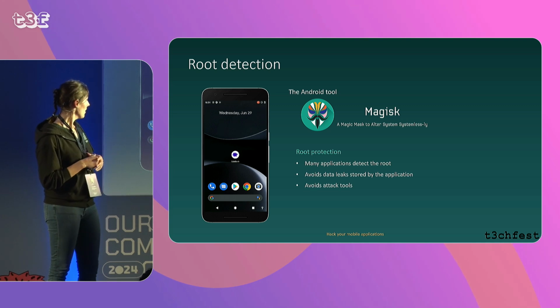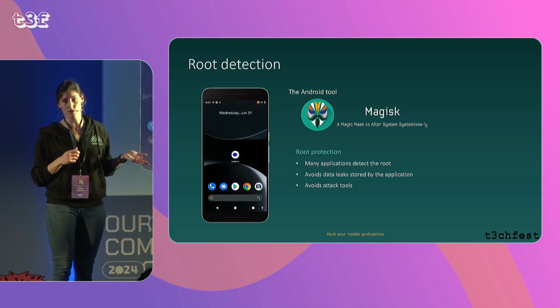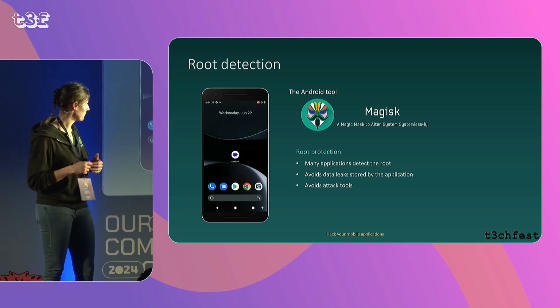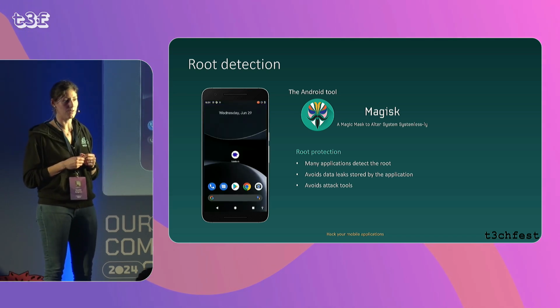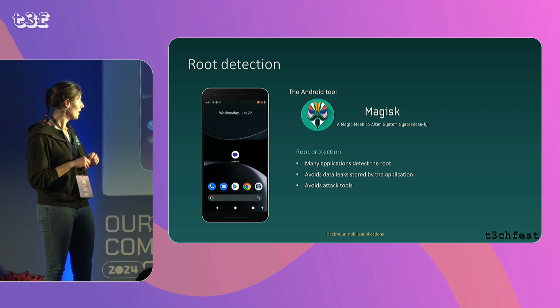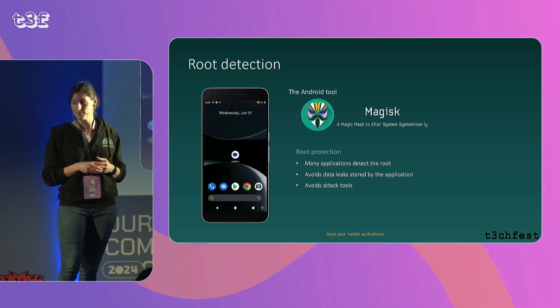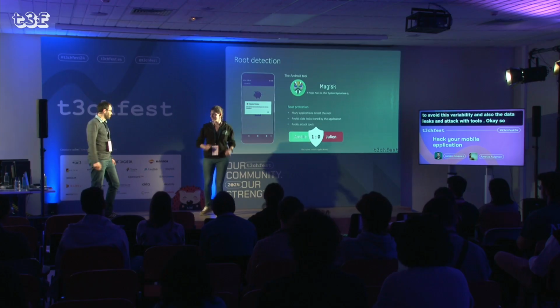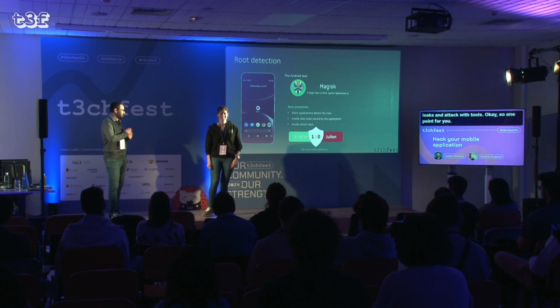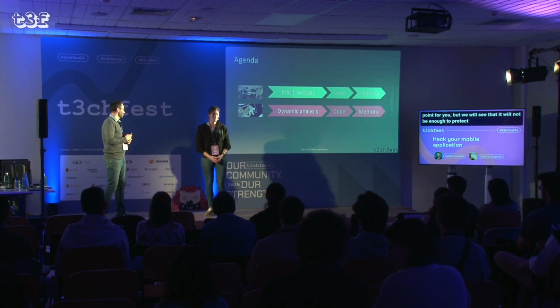When I launch the application, the device is seen as rooted, and so the application doesn't work. Many applications detect the root to avoid this vulnerability, and also avoid data leaks and attacks with tools. Okay, so I make a point. One point for you, but we will see that it will not be enough to protect a mobile application.